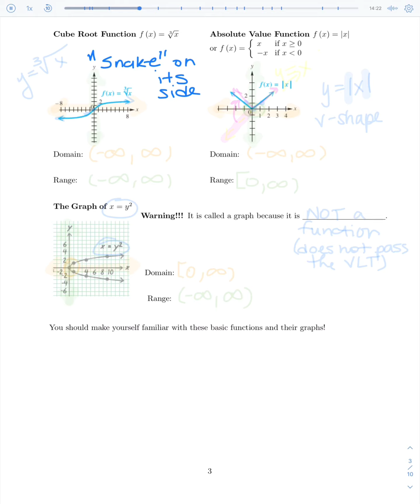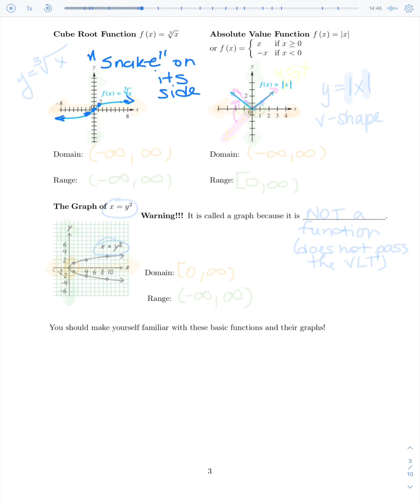Just like the square root graph is the squared graph on its side, the cube root graph is the cubed graph on its side. And it still goes through the same points, which is 0, 0, 1, 1, negative 1, negative 1, but it goes through negative 8, negative 2, and positive 8, positive 2.